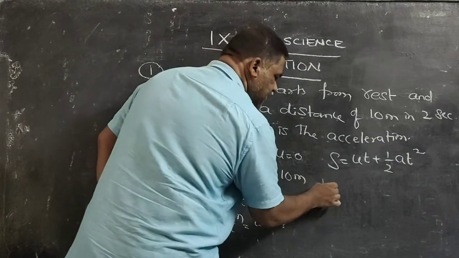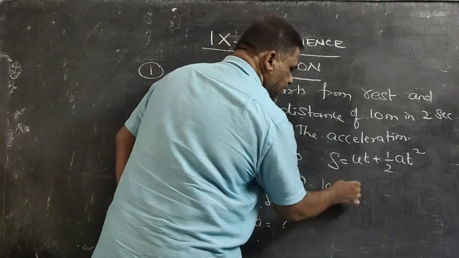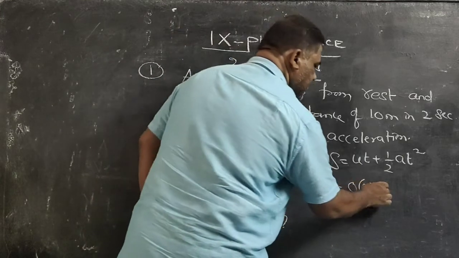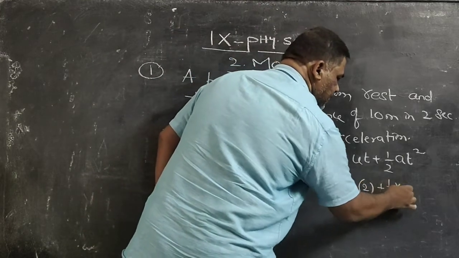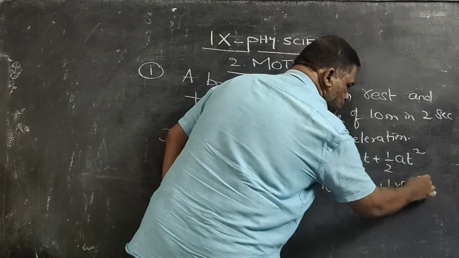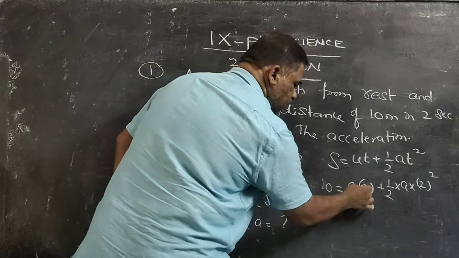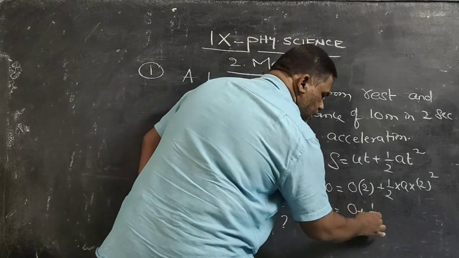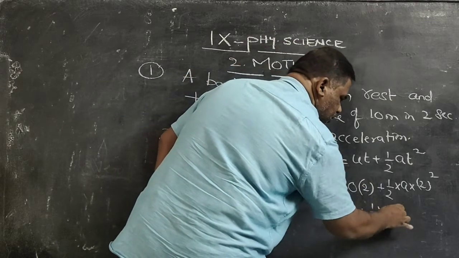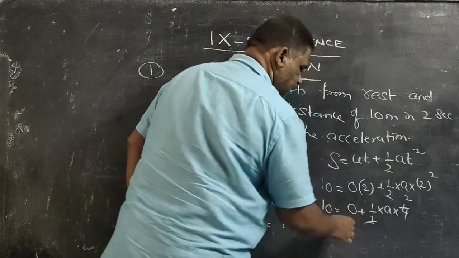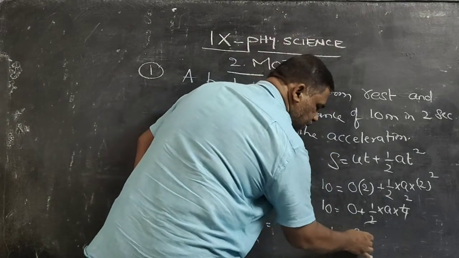S is the displacement, it is 10. Initial velocity is 0, time is 2 seconds, plus half, A we have to find, time is 2 seconds. This is 10 is equal to 0 into anything is 0, plus half, A into 2 square, that is 4. So here 10 is equal to 2A.